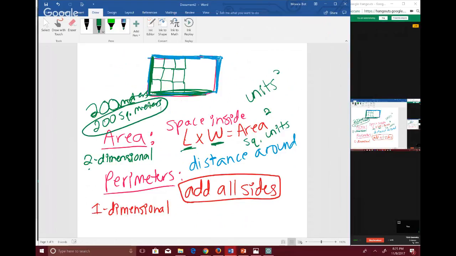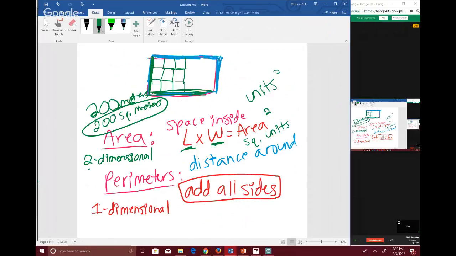This is the only one that would be correct if it was an area that you were doing, because it takes 2 different dimensions happening simultaneously in order to measure an area. Now, in the same respect, you also can't use square units or units squared when you're talking about a perimeter.